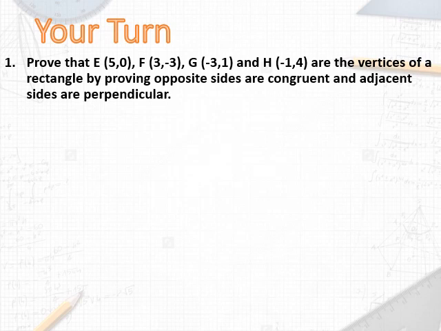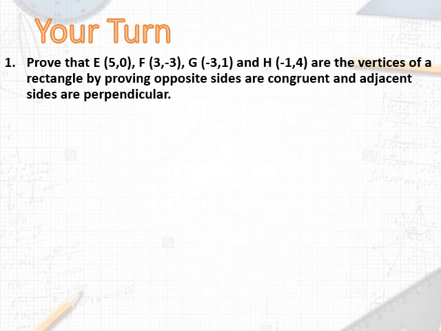First one, prove that E, F, G, H are the vertices of a rectangle. So you think in rectangle, like, all right, 4 90-degree angles, opposite sides congruent, diagonals are also congruent. So that's one of the things that set a rectangle apart from a parallelogram. Now I'm encouraging here to solve this by proving the opposite sides are congruent and adjacent sides are perpendicular. So when you're doing this, you need to make sure that you're proving a property that would ensure that it's a rectangle.